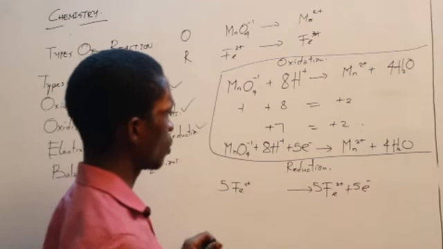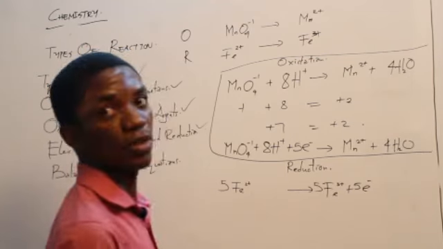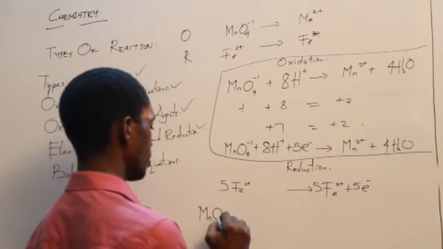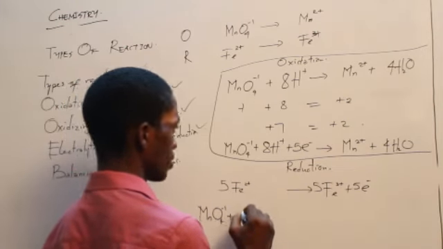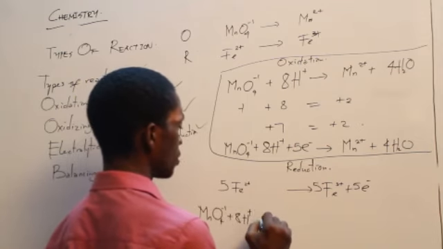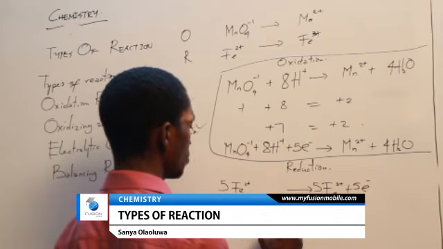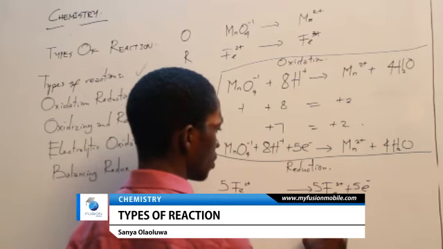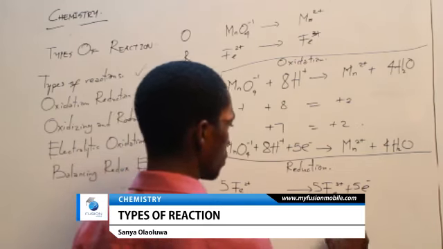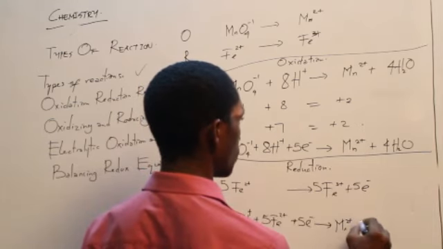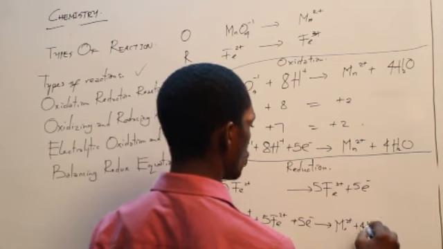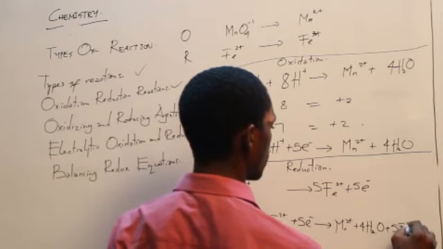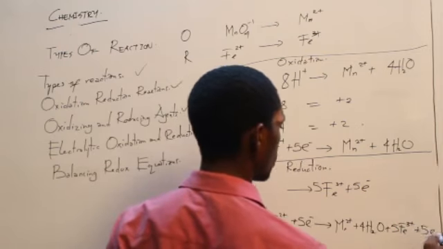So we can have our balanced equation by merging the two different equations together, and at the end we'll have manganese plus 8 hydrogen plus 5 iron 2 plus 5 electrons would give manganese plus 4H2O plus 5 iron 3 plus 5 electrons.